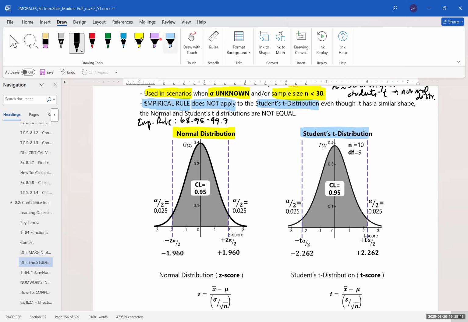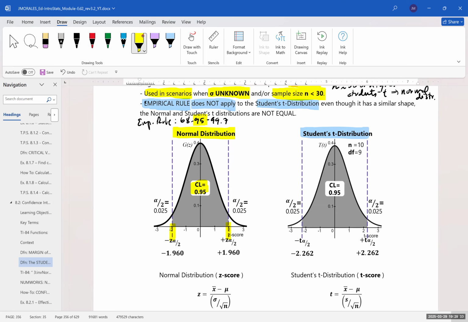And the reason why is that between two standard deviations from the mean, so two standard deviations up, two standard deviations below, the area in between is 95%.